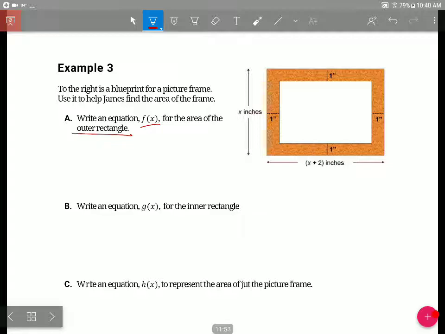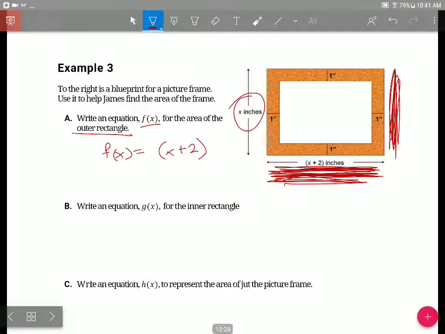So for f of x, remember this is the outer. What's your outer width? X plus 2. That's the outside width. All right, it's base times height. So that's the base. What is the height?